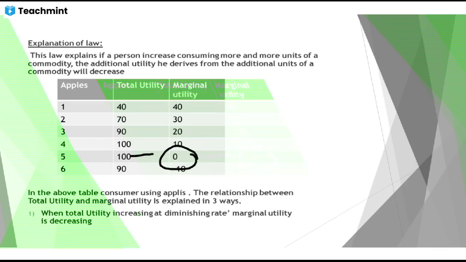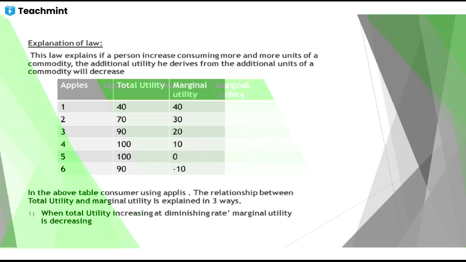Zero means we don't want to eat the apple. The fifth apple is not giving any satisfaction. And if someone forces the sixth apple on you, it won't give any satisfaction and it decreases your total satisfaction. That's why here it became minus 10.